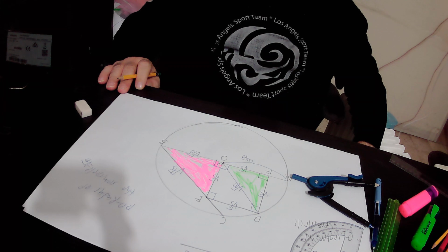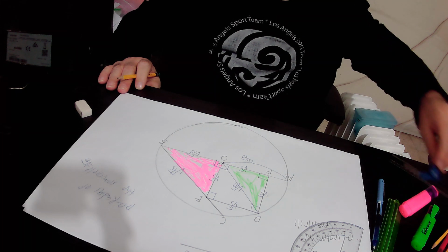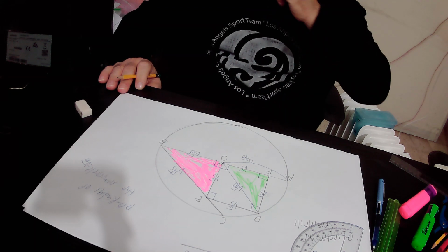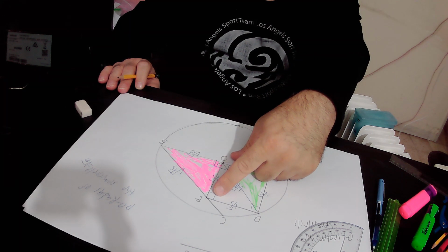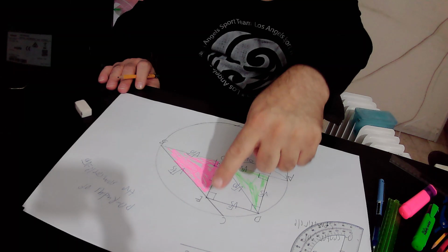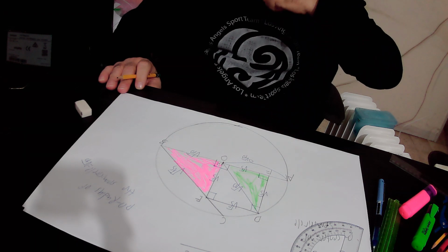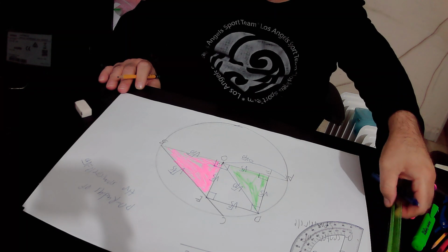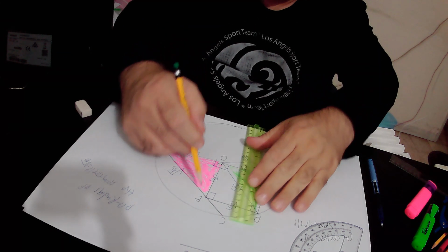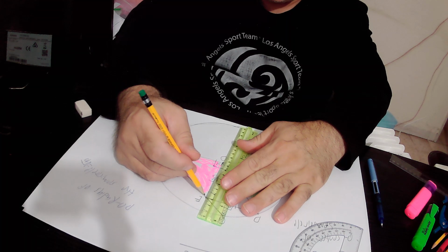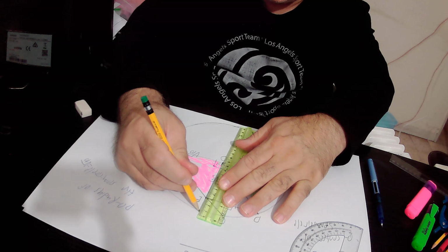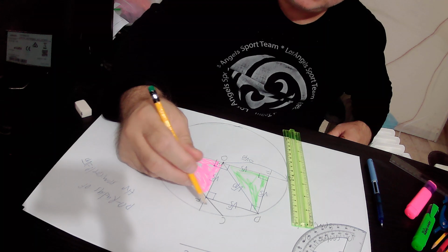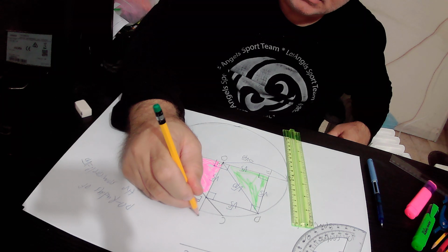In the next step, we will extend EO on both sides, on the upper side and in the lower side. We extend OE by a straight line until it touches the circle. At this point, we define the touching point of the extended OE and the circle as point M.